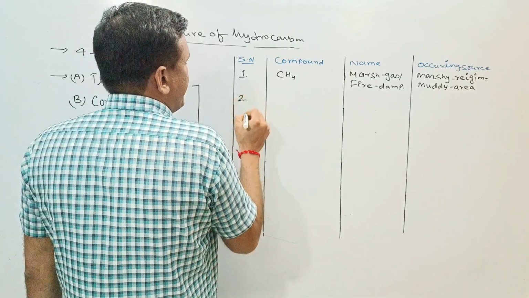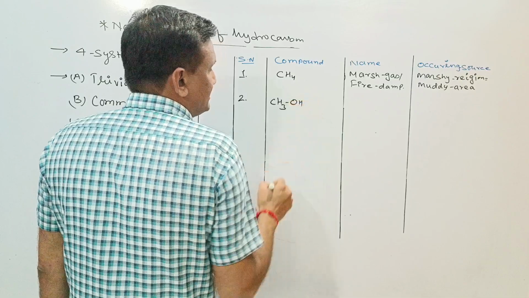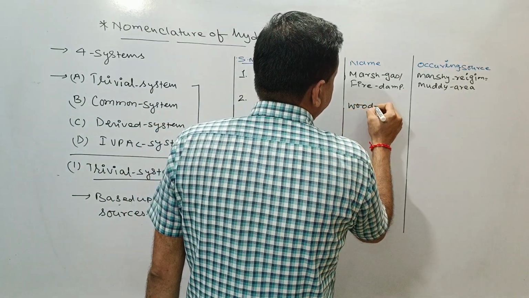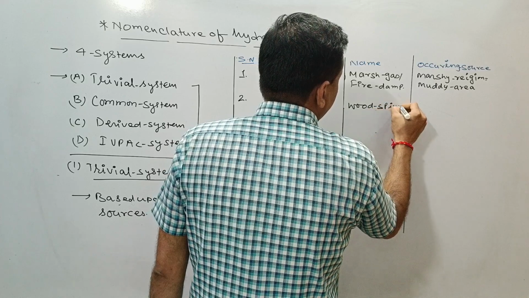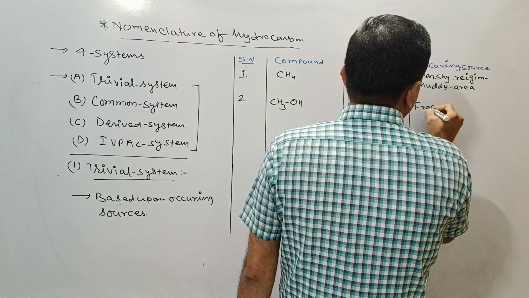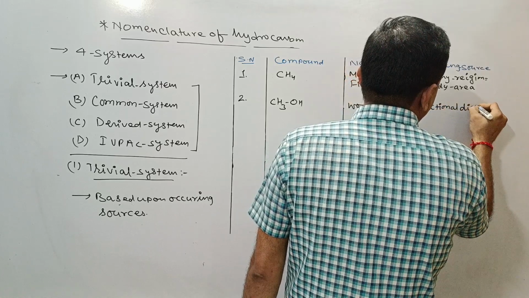Number 2 is your very important compound, that is your CH3OH. It is called wood spirit. It can be obtained by fractional distillation of wood.